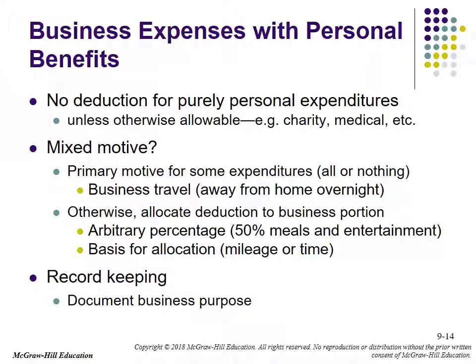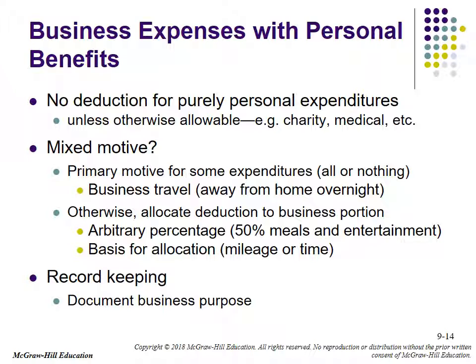Now, let's say you go on a trip where you spend 5 days doing business, but you're in Las Vegas, so you spend 2 days gambling. The primary motive for your trip, because you spent more than 50% of your time in business, is business related. Here's the rule.